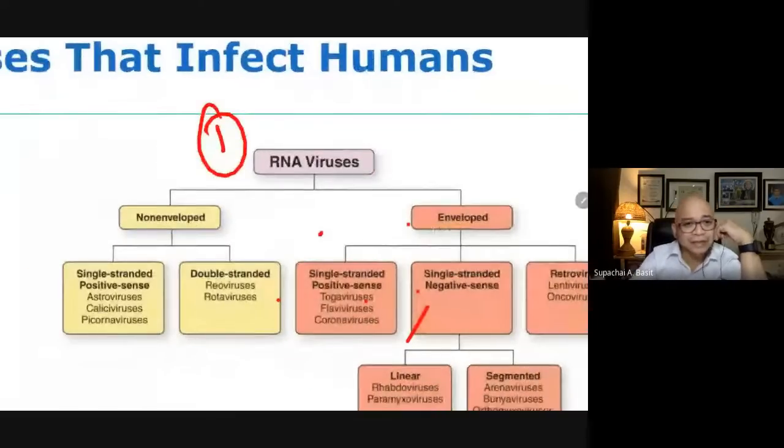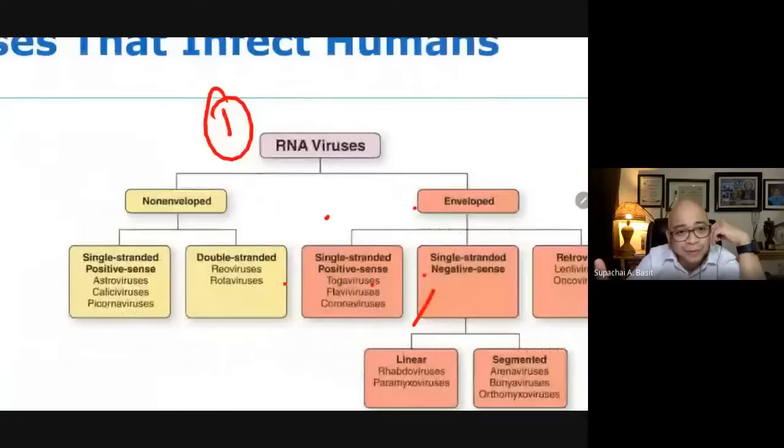So the RNA viruses are divided into two categories. Those that possess an envelope, we call them enveloped RNA viruses. Those that do not possess an envelope, we simply call them non-enveloped RNA viruses.